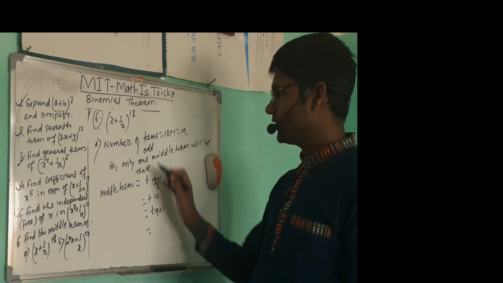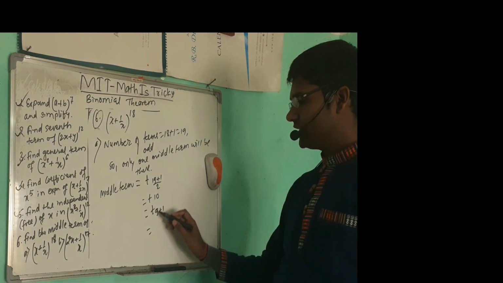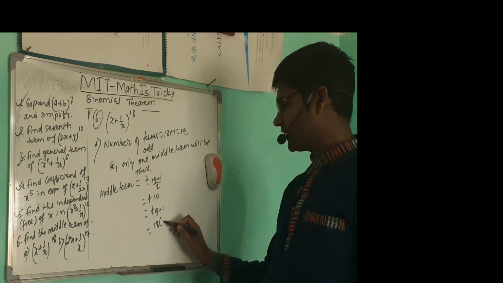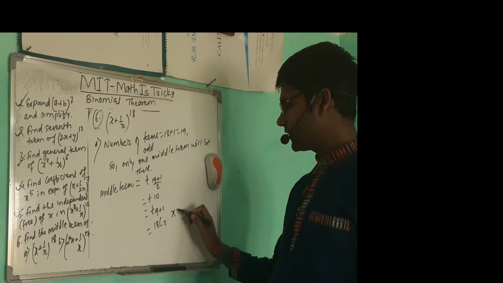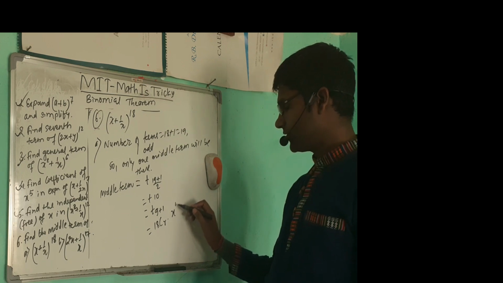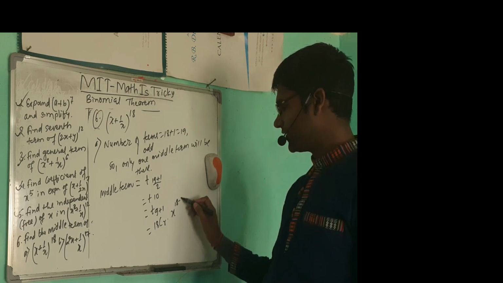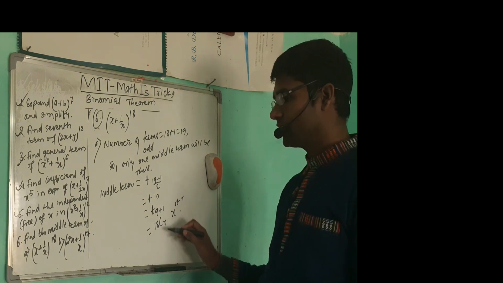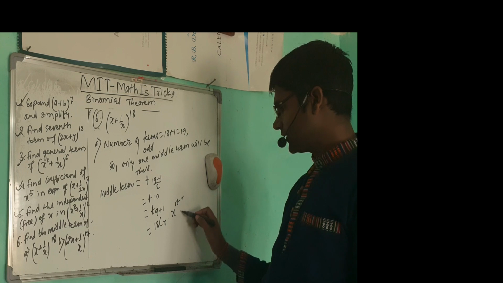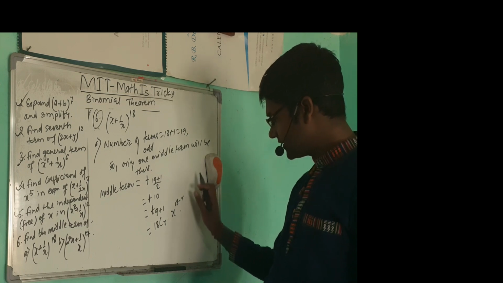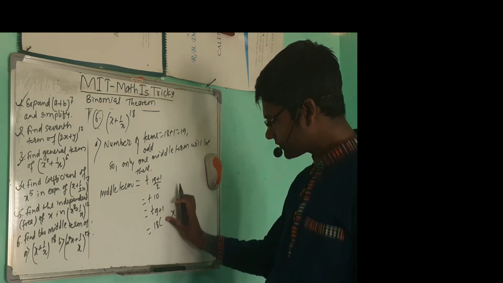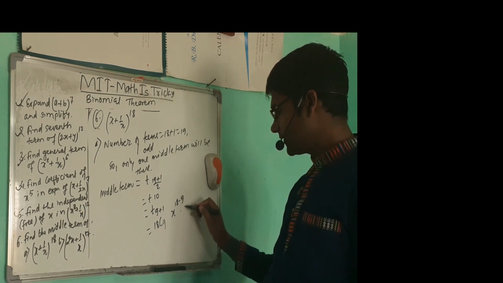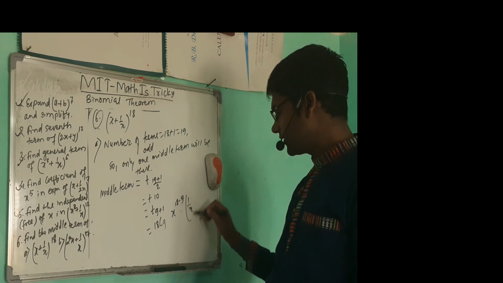According to this formula, t9 plus 1 is 18 c r x power 18 minus r, and r is 9, so 18 c 9 into x power 9 into 1 by x power 9.